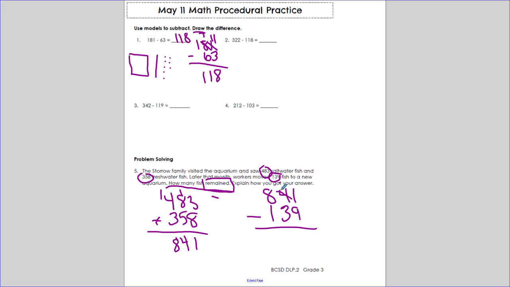My 4 becomes a 3. My 1 becomes an 11. So 11 minus 9, so 9, counting up, 10, 11 is a difference of 2. 3 minus 3, 0. 8 minus 1, 7. So I know there are 702 fish remaining.